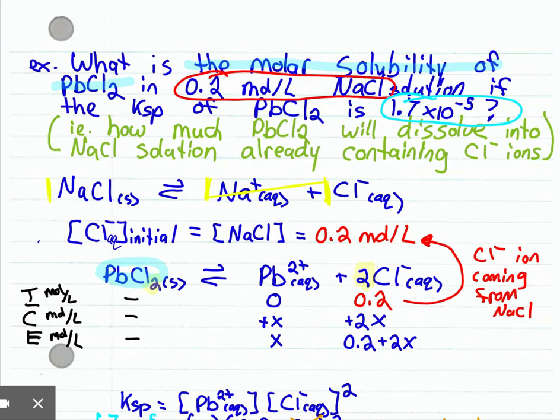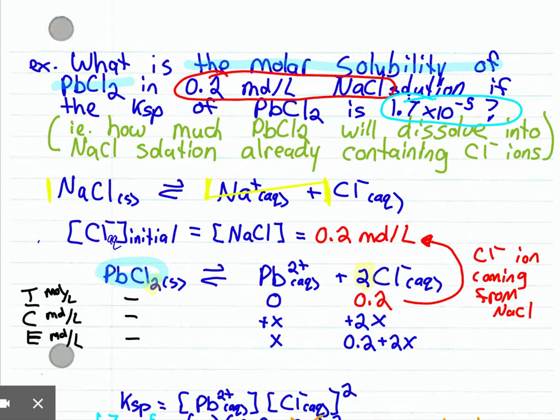We know, because we're dealing with Ksp, that we do not need any information for the solid. We know that our lead(II) chloride dissociates into a lead ion and two chloride ions. We're putting our lead chloride into sodium chloride solution, so into water with salt dissolved into it. We want to know how much of the lead chloride is going to dissolve. So the initial concentration of our lead ion is 0.